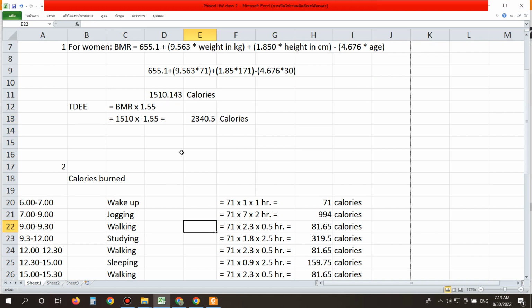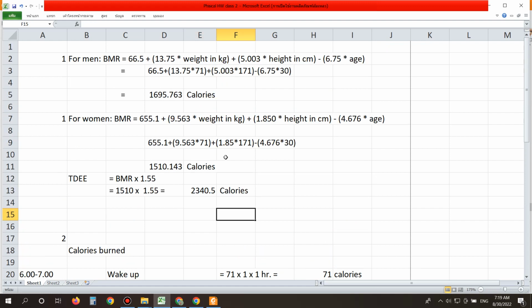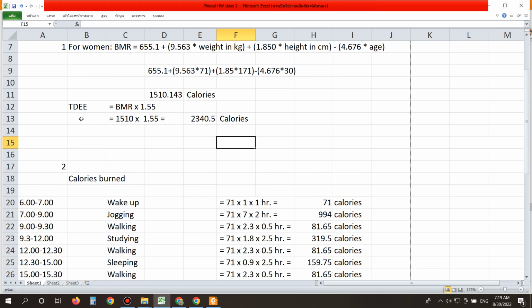So this is my calorie burn per day. This is the estimated value, not the real value. TDEE is used to estimate your calorie burn per day. Estimate only. This is the first.